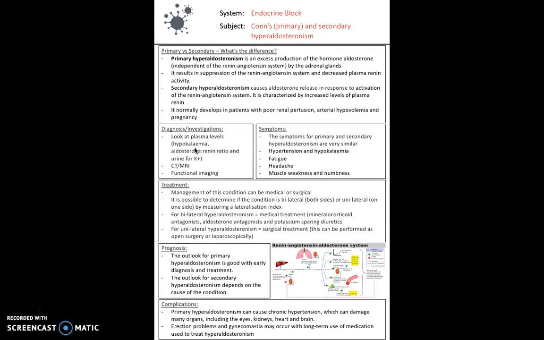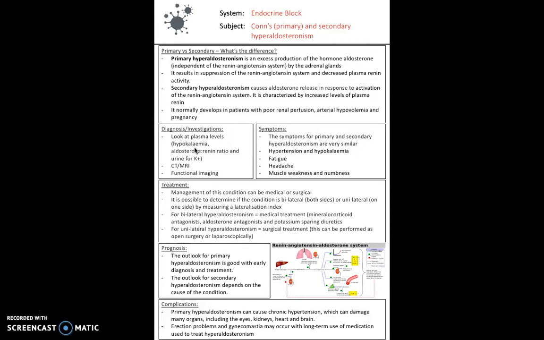So in terms of the symptoms for hyperaldosteronism, the symptoms are very similar for primary and secondary, and they are very focused around hypertension, hypokalemia, so low potassium, fatigue, headache, and muscle weakness and numbness. In terms of treatment, this can be medical or surgical, and we do have to understand what kind of condition is going on. So is it unilateral or bilateral?